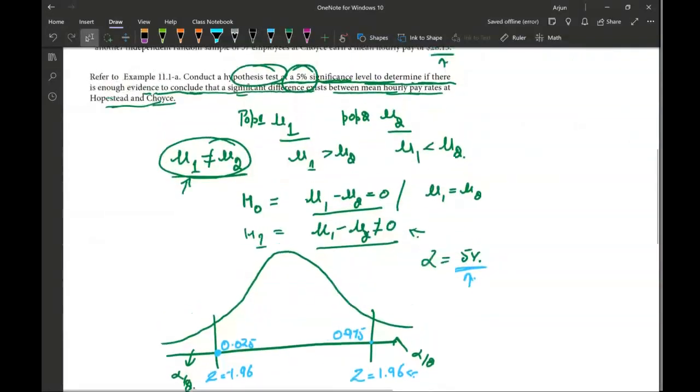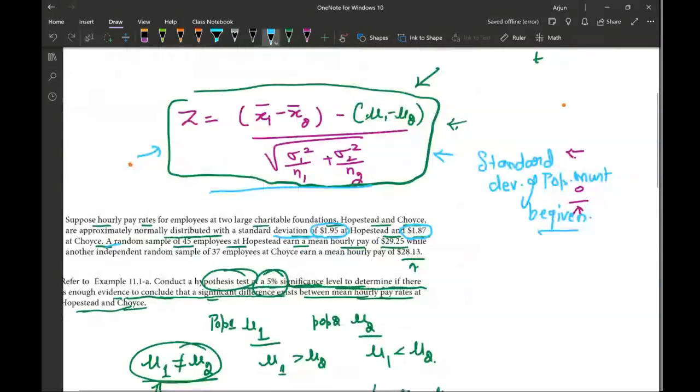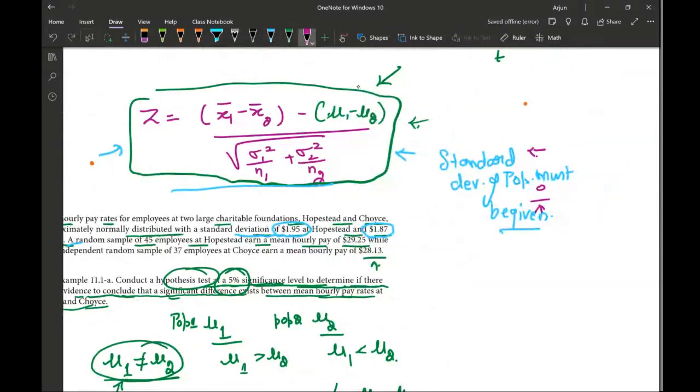So I will be able to use this formula. All right, now as I said, we assume that mean 1 is equal to mean 2. So we will always take this value equal to 0 whenever we are solving a question on the difference of two means using the z distribution. So mean 1 minus mean 2 is equal to 0.